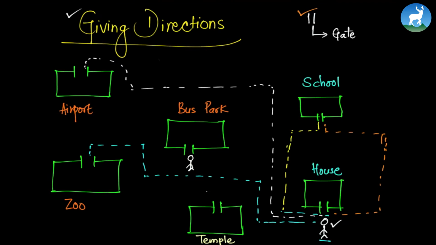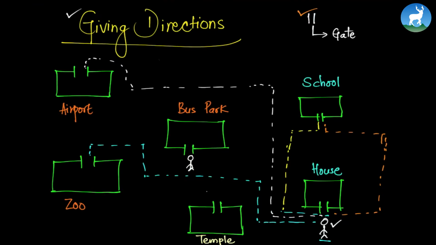Let's say you just arrived and you're at the bus park and you want to go to the airport so that you can go somewhere else. The city is horrible, the bus park smells bad, and you want to get out of the city as soon as possible.